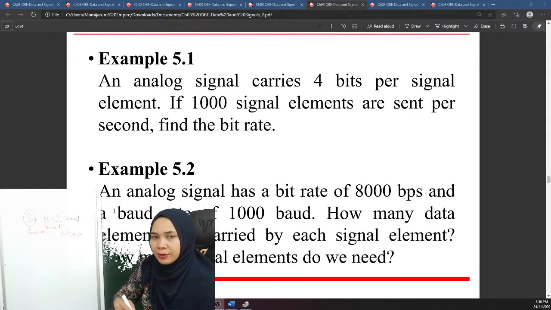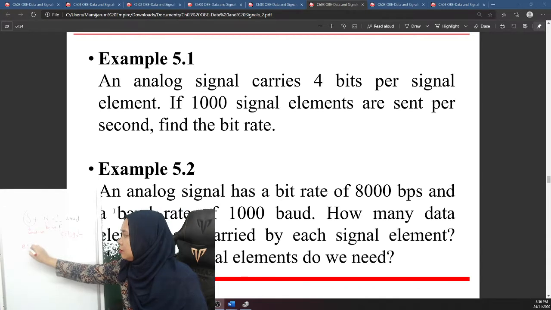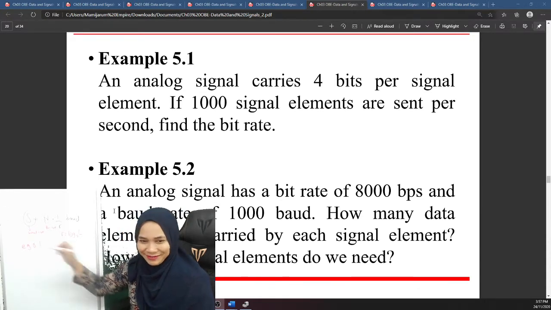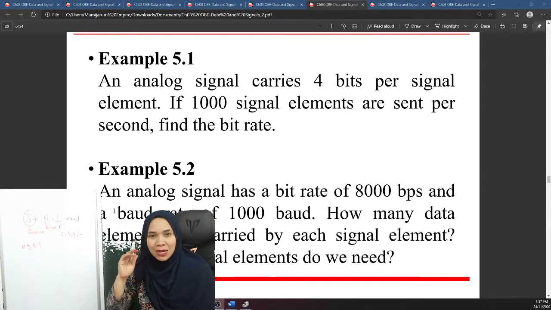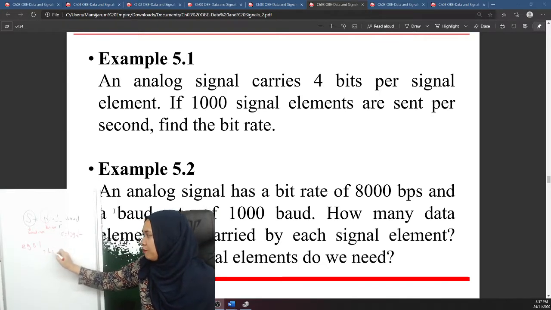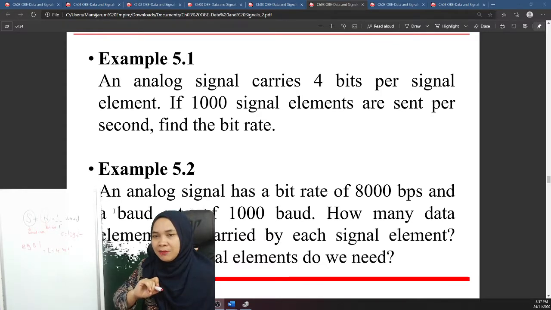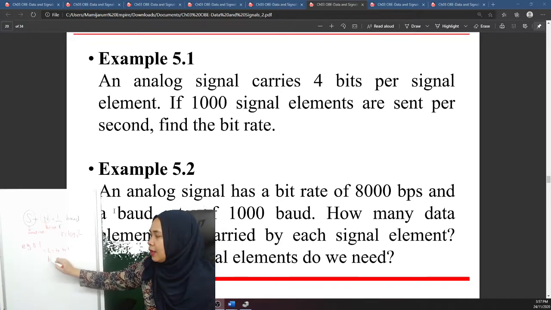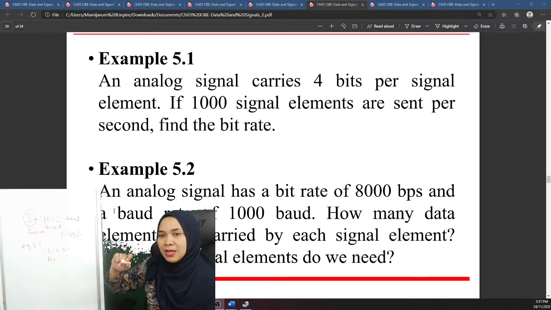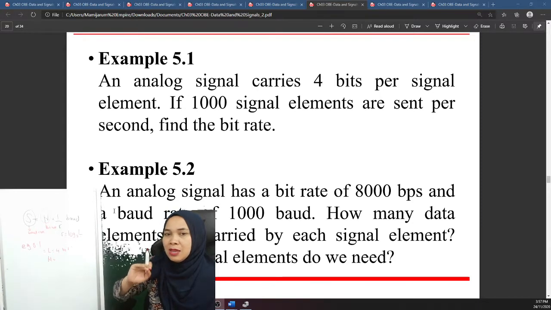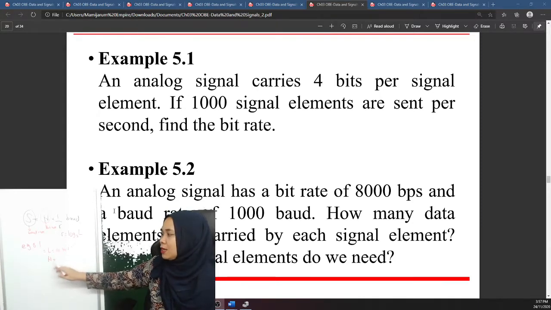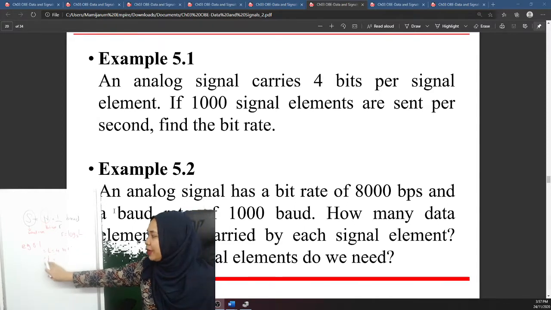Now kita tengok example 5.1. Right. So, an analog signal carries 4 bits per signal element. L equal to 4 bit. Alright. If 1000 signal elements are sent per second, find the bit rate. Right. Dia kata 1000 signal elements are sent per second, ia bermaksud 1000 adalah mewakili baud rate ataupun equal to S. Right.